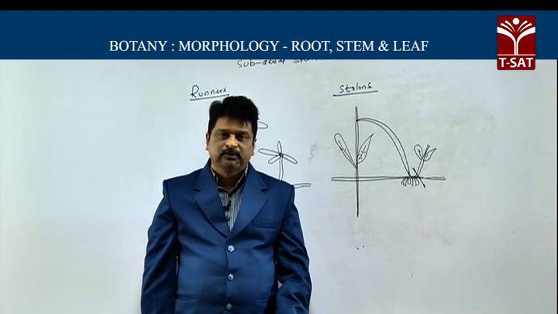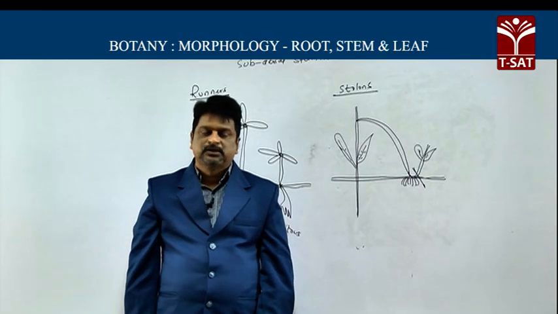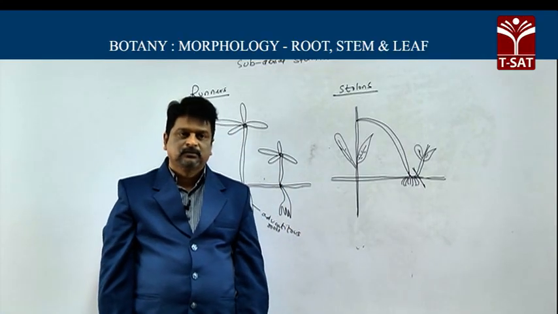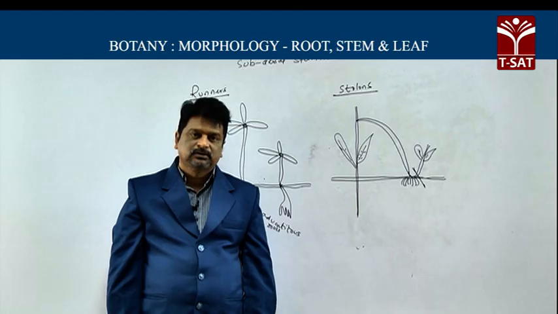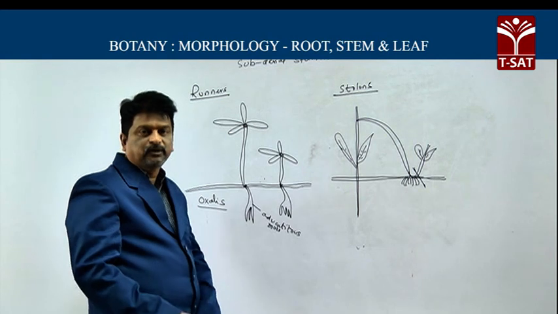So, nerium is a xerophyte, the stem shows stolons, phyllotaxis is whorled or circular, and inflorescence is polychasial cyme.